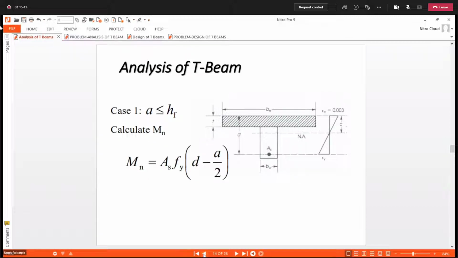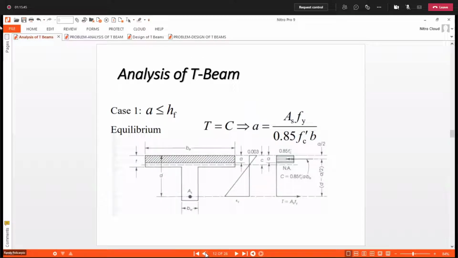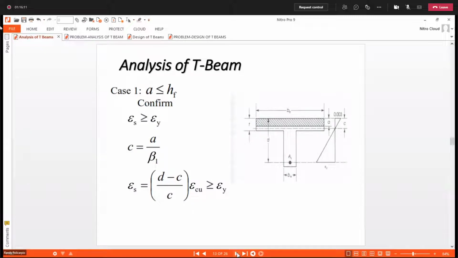When the steel does not yield, you go back here and solve for fs. This time you solve for c, then solve for a, then confirm again if a is equal to or less than hf. That's the way we analyze it for case 1.